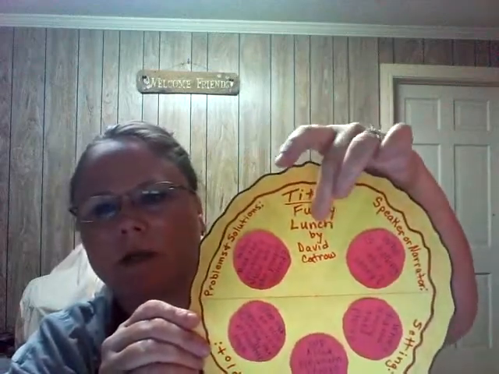And what I did, I just drew a circle, like a little squiggly line, and made it look similar to a pizza, and then divided it into slices. And I pre-wrote, if I was in class, I would pre-write the title Funny Lunch by David Cutro.